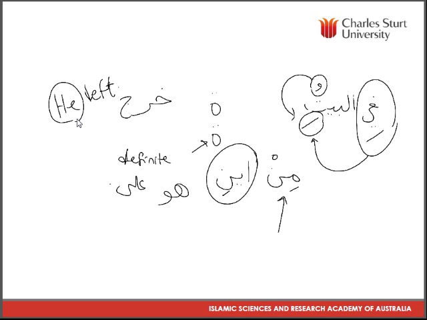Yes. Last question. Wa aina dhahaba Ali? Where did Ali go? Dhahaba ila al-mirhad. Mirhad means toilet. He went to the toilet. Okay. Mirhadi. Ending of the mirhad is also kesra.